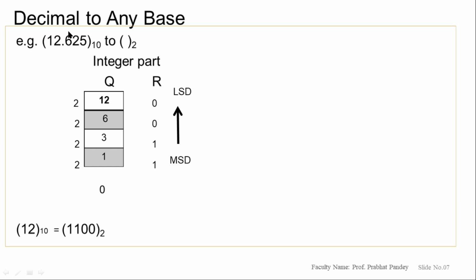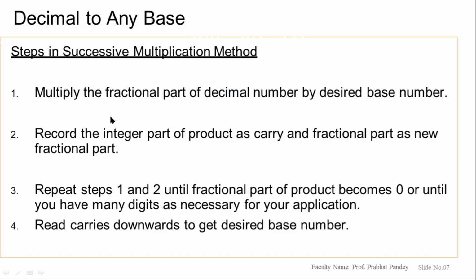Now we need to do successive multiplication on the fractional part. We have not seen the successive multiplication method yet. In this we have to multiply the fractional part of the decimal number by the desired base number.